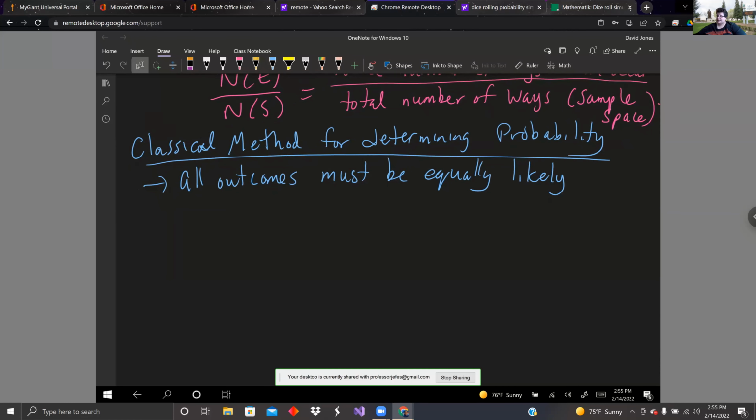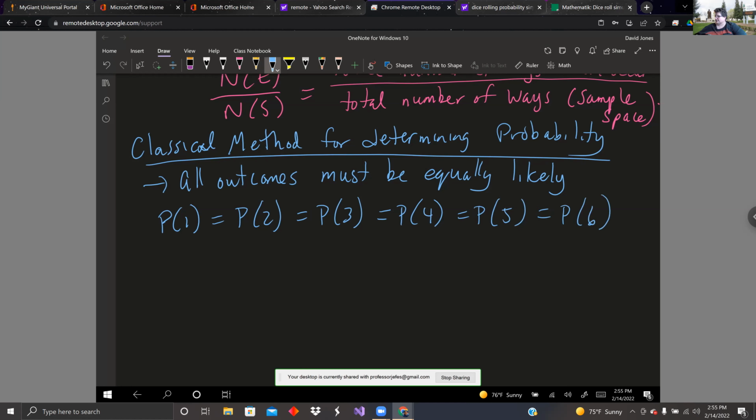So for rolling a die, the probability of rolling a 1 has to equal the probability of rolling a 2, has to equal the probability of rolling a 3, has to equal the probability of rolling a 4, has to equal the probability of rolling a 5. This has to equal the probability of rolling a 6. Which makes doing probability for the classical method fairly easy. Do it for 1 and you have it for all.